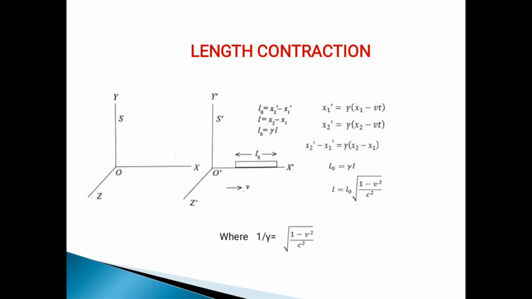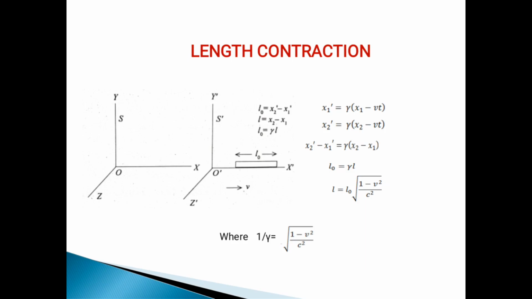Imagine a rod AB at rest relative to S prime. Let x1 prime and x2 prime be the coordinates of the ends of the rod at any instant of time in S prime. Then L0 equal to x2 prime minus x1 prime, where L0 is the proper length.